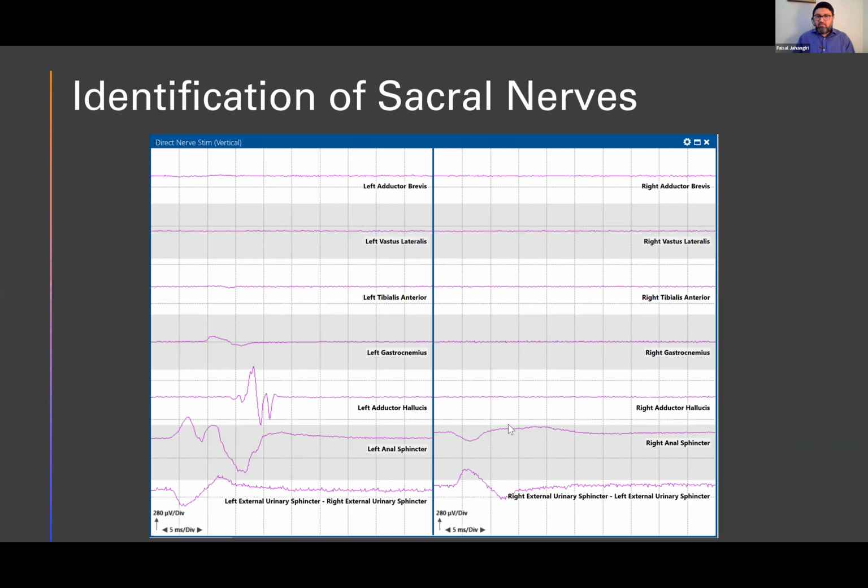So TME, total mesorectal excision, is for colorectal surgery. For these TME surgeries, you have a very high postoperative risk of neurogenic bladder. So having BCR monitoring will give you the pudendal nerve reflex. Just doing the regular triggered EMG during this procedure, which is what people typically do, cannot give you 100% coverage.